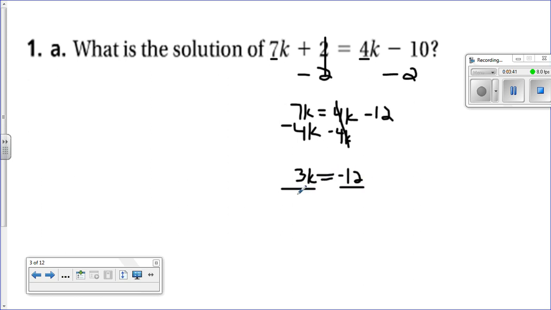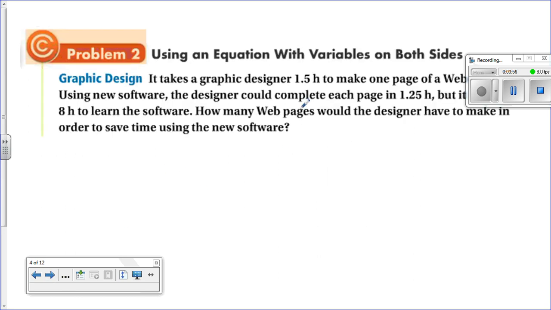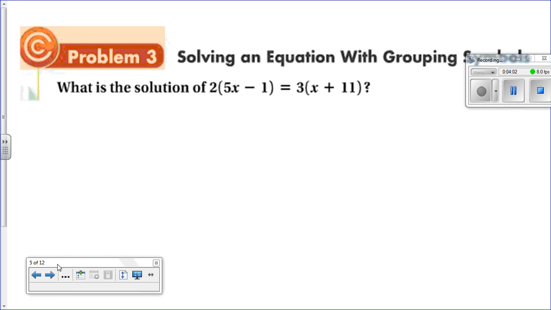We divide both sides by 3. Those cancel. Looks similar to the last problem, except negative 12 divided by 3 is negative 4. Okay, we're going to hop over the word problem for right now. We'll come back to it.